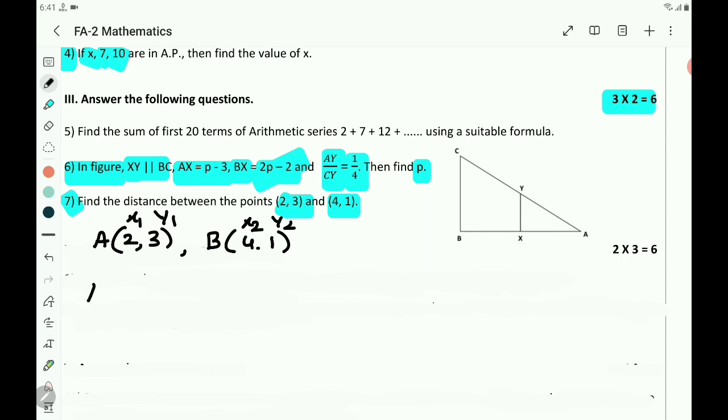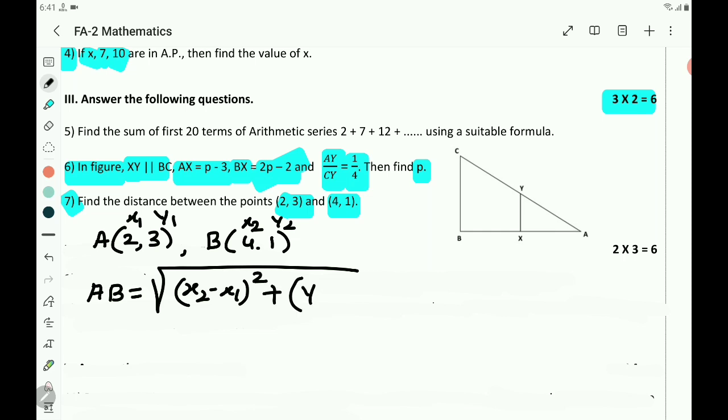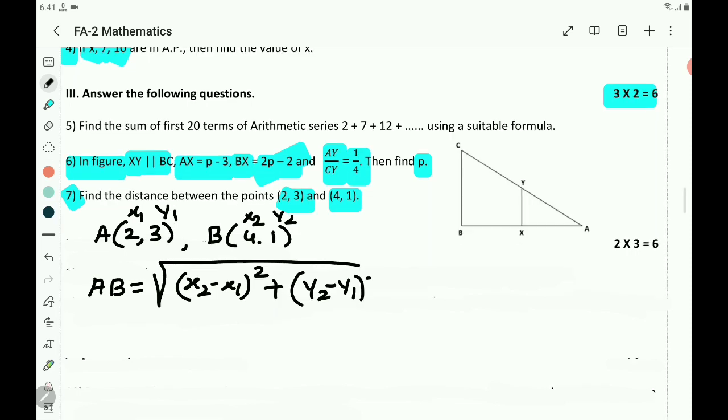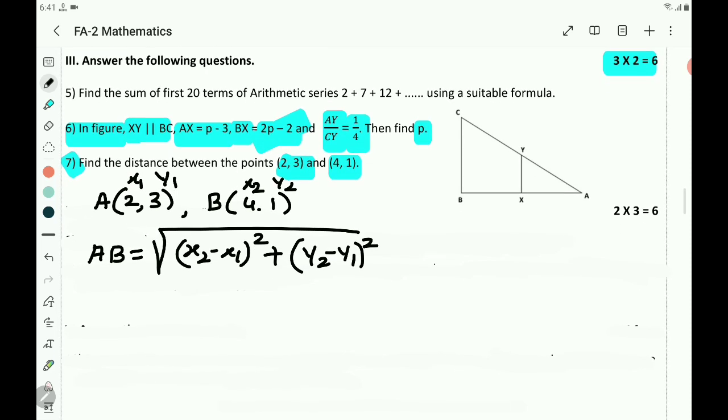Use the distance formula. AB is equal to whole root of (x2 minus x1) whole square plus (y2 minus y1) whole square. Then substitute the values of x1, x2, y1, y2.